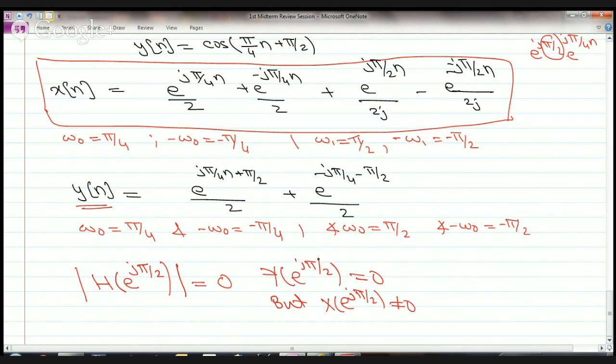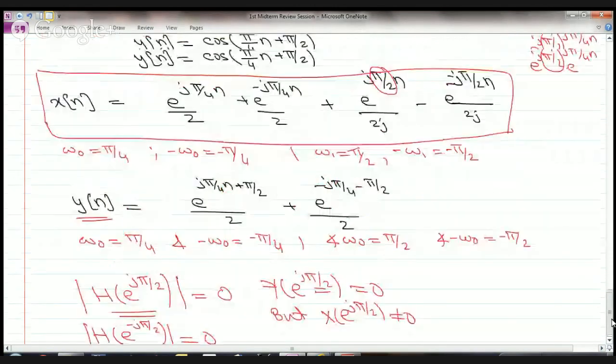So the only way that my output frequency at pi by 2 could be 0 is if at pi by 2 my frequency response is 0. Similarly at minus pi by 2. So I must make sure that the absolute value of H(e to the minus j pi by 2) is also 0. We don't care about the phase because when you have 0 magnitude, the phase is indeterminate. Okay.